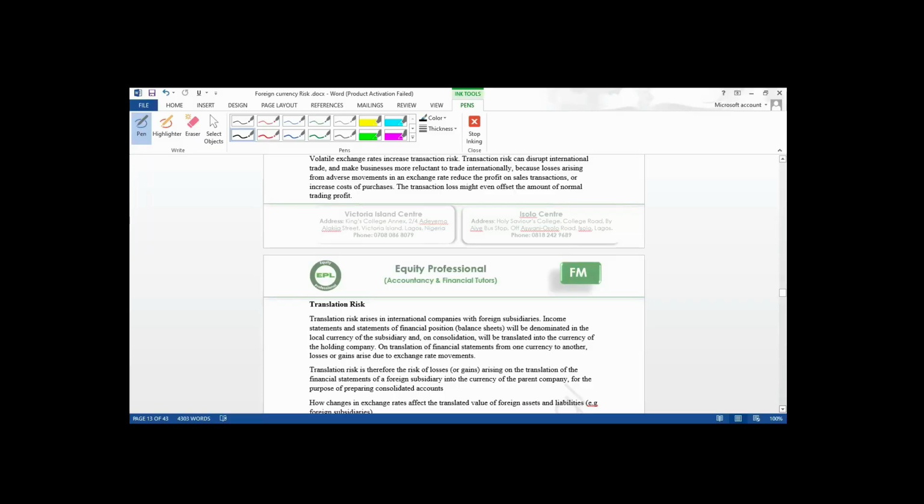In the process of translating financial statements from one currency to another, this can give rise to exchange loss or gain.